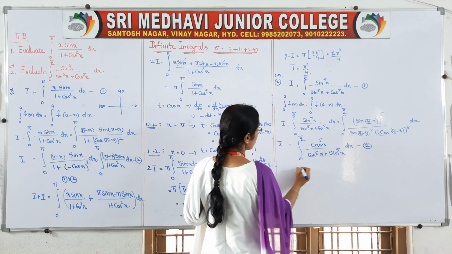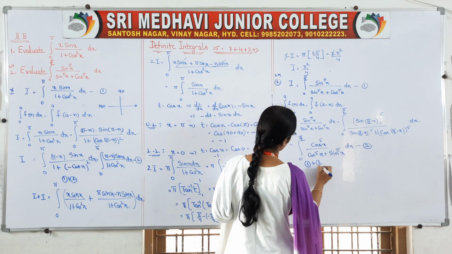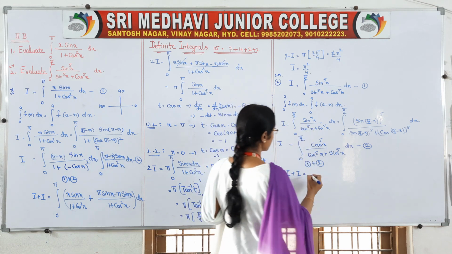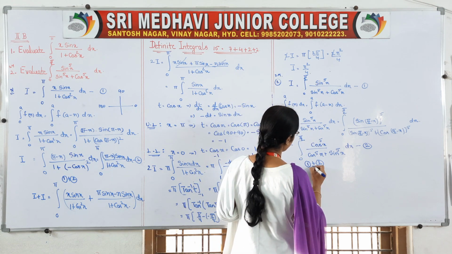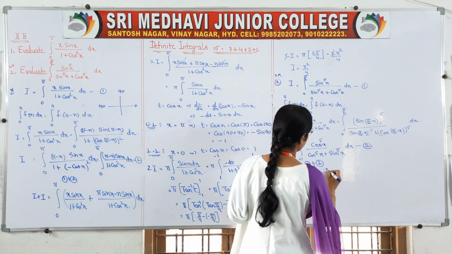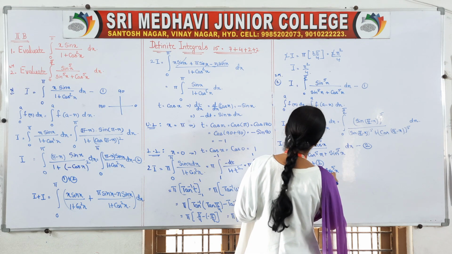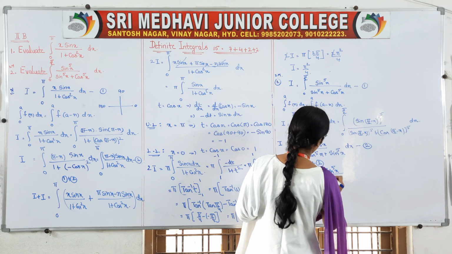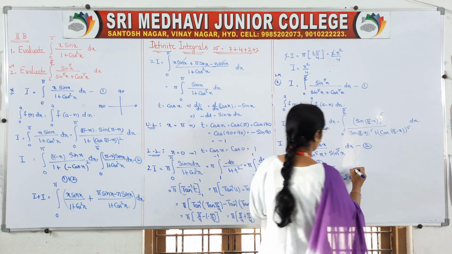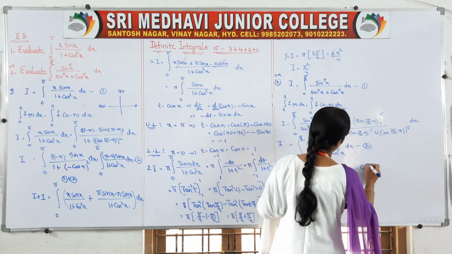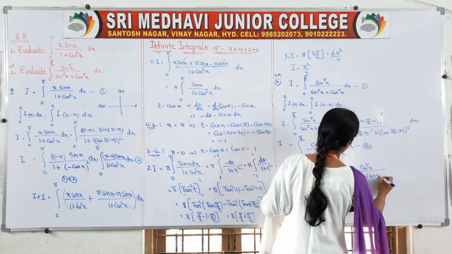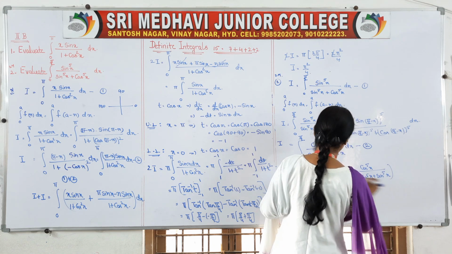Now you add 1 plus 2, so I plus I is equal to, whenever the limits are the same, we can write combinedly. First one is sine to the power of 5x by sine to the power of 5x plus cos to the power of 5x, plus second one cos to the power of 5x by cos to the power of 5x plus sin to the power of 5x.